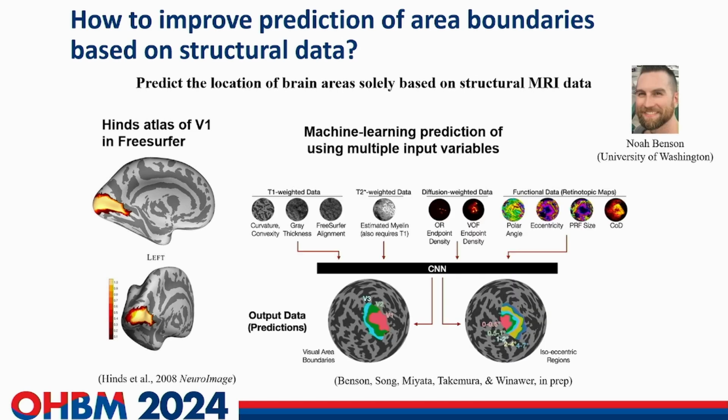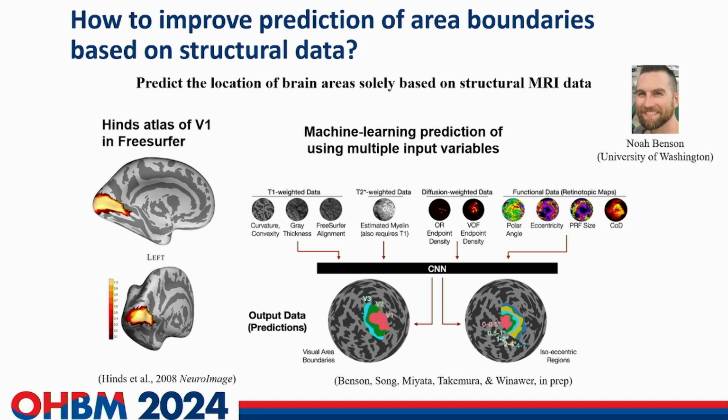We are now pushing in this direction with our collaborator Noah Benson at the University of Washington. Noah Benson has provided a couple of atlases for predicting retinotopic areas from structural data. If you are curious, you can go to Noah Benson's website, where he has made existing software available.